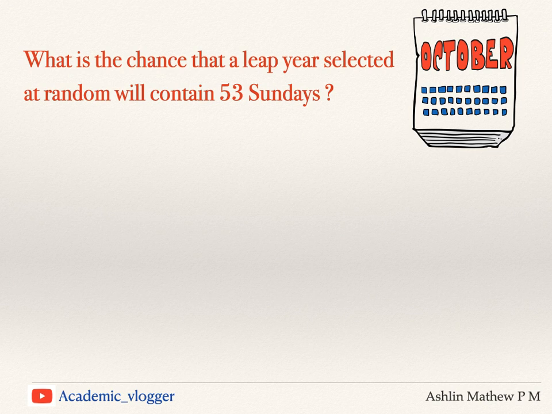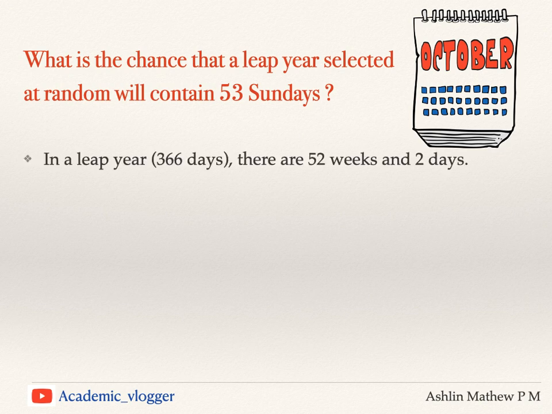To check how many Sundays there are in a normal year or a leap year, we divide 366 by 7, since each week has a Sunday. 366 divided by 7 gives 52 as the quotient and 2 as the remainder.